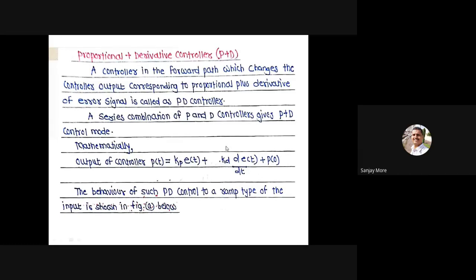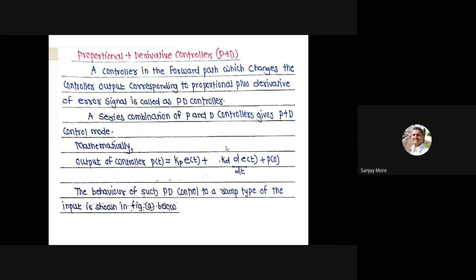Here give the description: a controller in the forward path which changes the controller output corresponding to proportional plus derivative of error signal is called a PD controller. Okay, means combination of proportional plus derivative with error signal is called a PD controller.